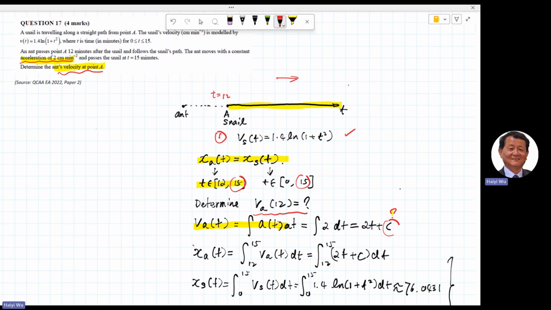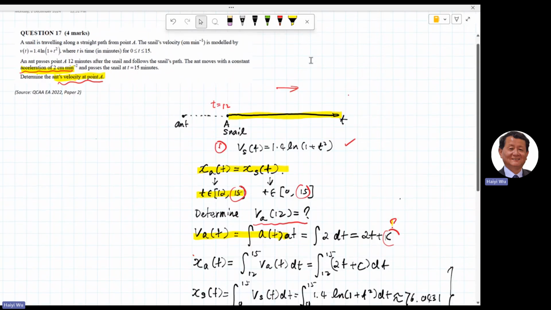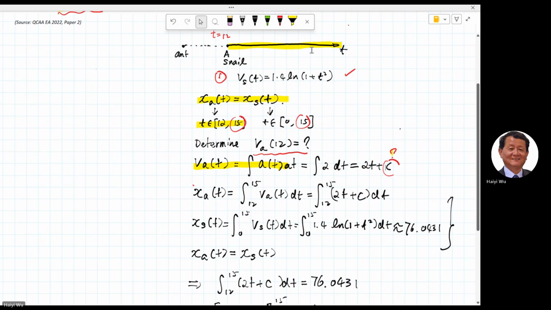How do we do that? We need to use the velocity of the snail, which we already know is given by equation 1. We're going to integrate it for the displacement of the snail.